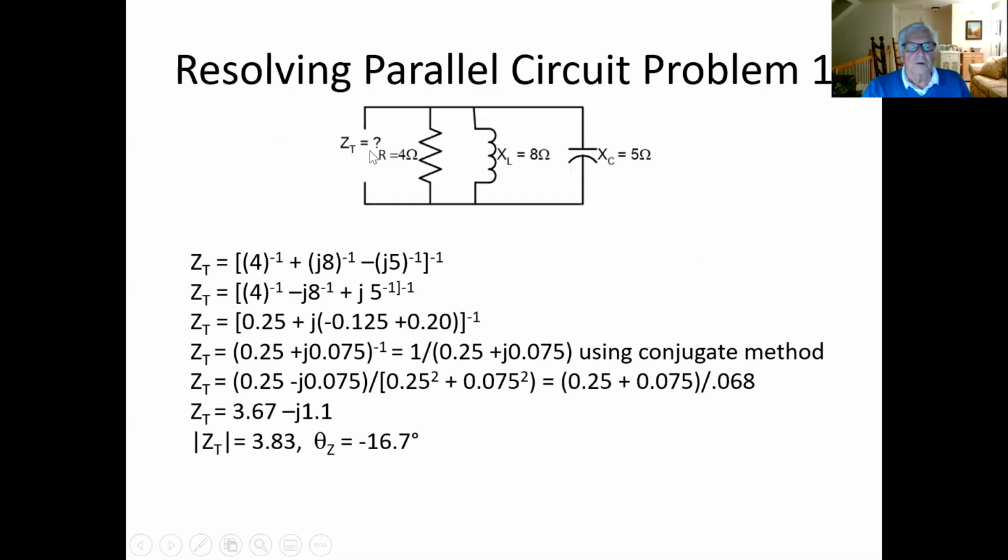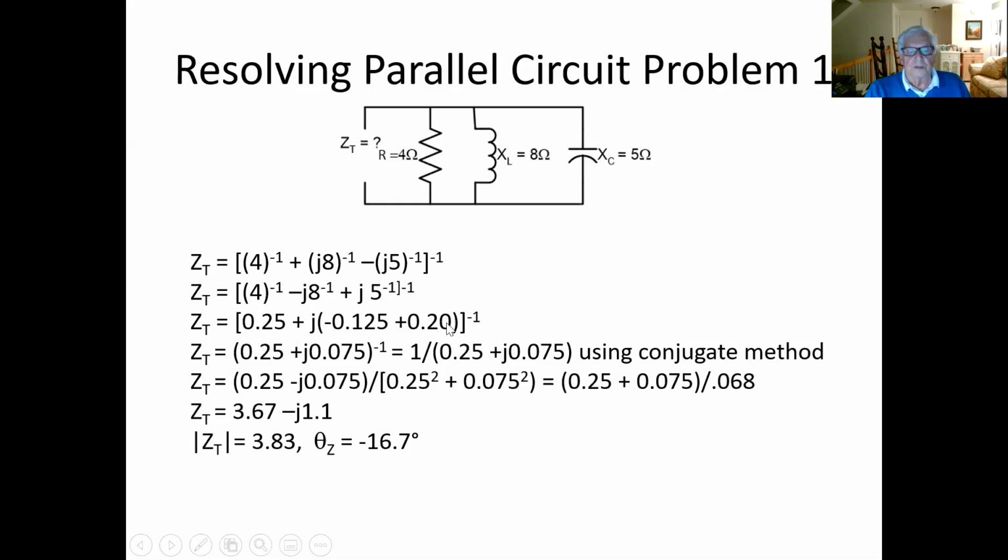Now Z total is going to be equal to the reciprocal of the sum of the reciprocals of each of these. So we take the reciprocal of 4, which is 0.25, and the reciprocal of J8, which is minus J 0.125, and add the reciprocal of 5, which is 0.2.